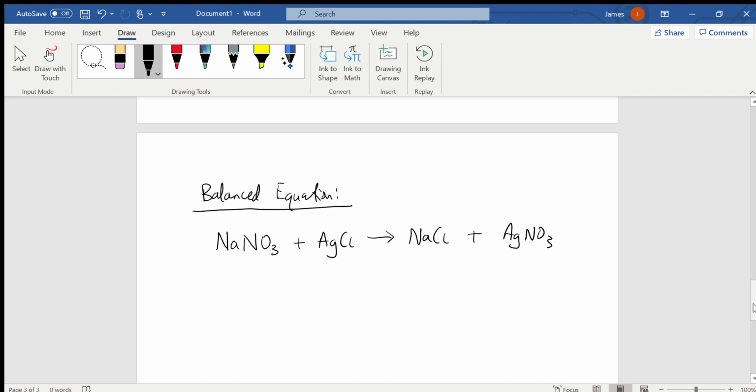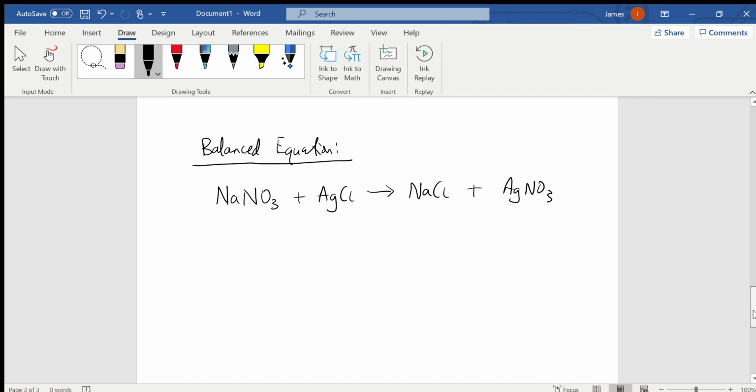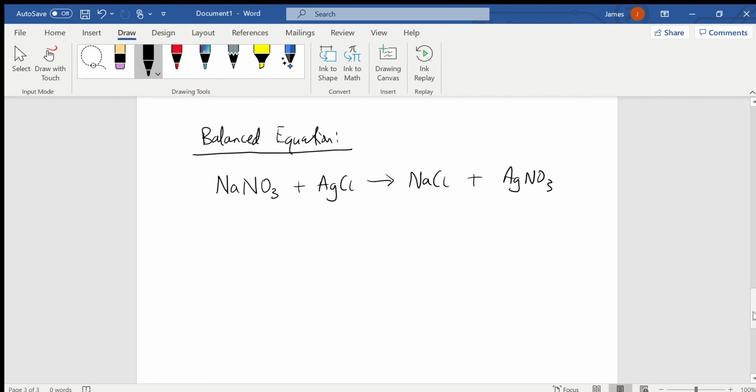There's an equal number of the same type of element on reactant and product sides. What do we know? We'll look at the ratio. We can have a mole ratio, and that's these coefficients here. So any coefficient that precedes the chemical, that would be the mole ratio.